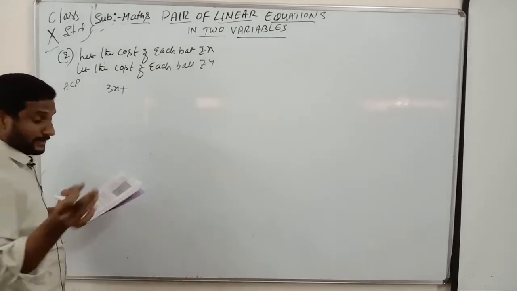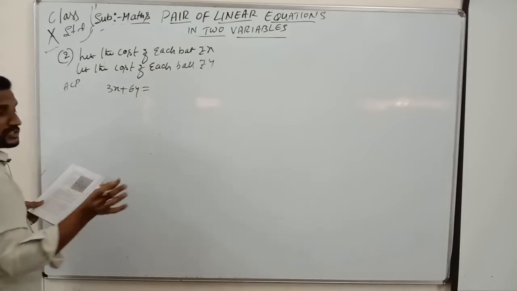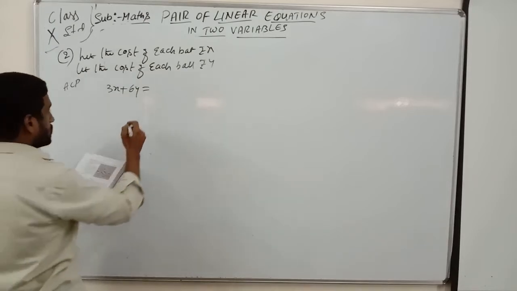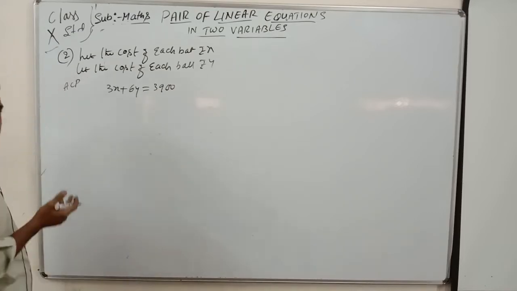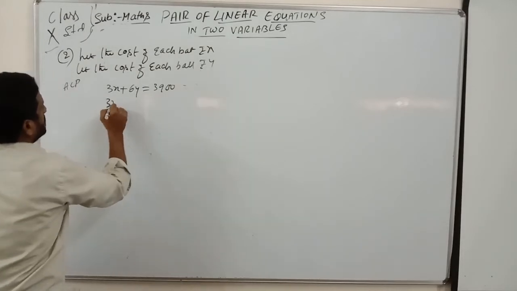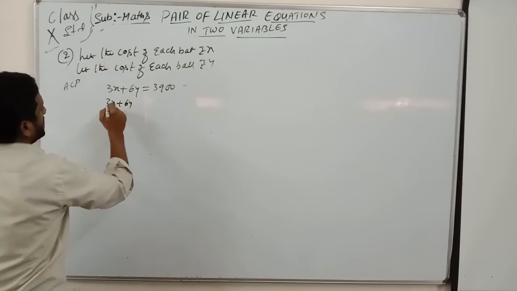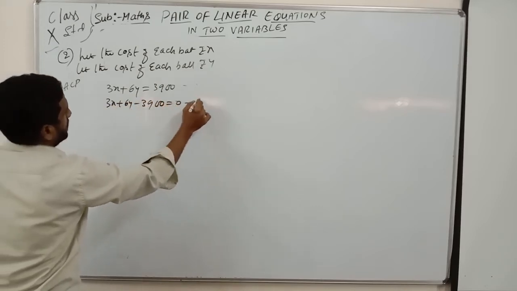Buying 6 balls is 6 into y. Together she pays 3,900 rupees. So I got the mathematical equation. This is equation number 1. You can make it standard form: 3x plus 6y minus 3,900 is equal to 0. Call it 1.